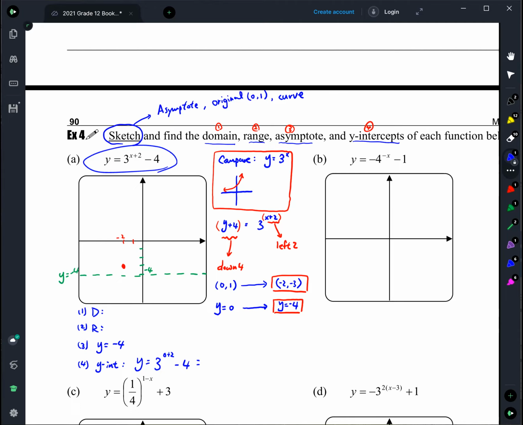Okay, do you know what to do right now? Okay, plug in 0 into the x so that we can find the y-intercept.